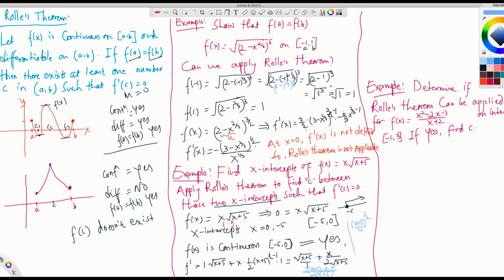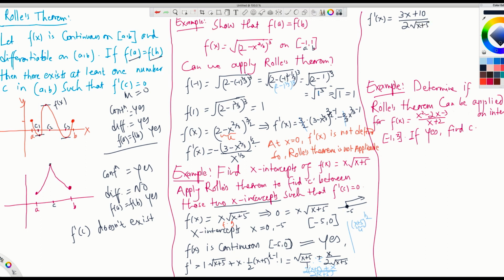What do you get? 2x plus 10, and then plus x will be 3x plus 10. So basically f prime of x equals 3x plus 10 divided by 2 root under x plus 5.